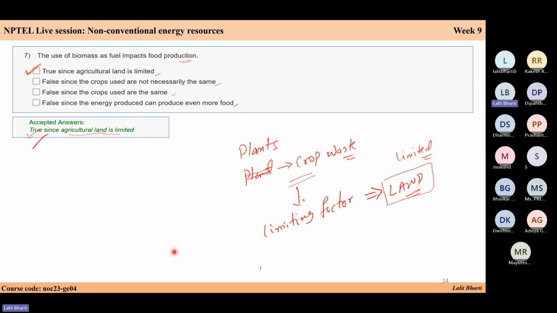If you need more and more biomass, you will not be dependent on the crop waste; you have to grow your own biomass. For that you need agricultural land, and if you don't have agricultural land, then it will be limited for you. So biomass is limited due to agricultural land limitations. What is the limiting factor here? We have the land.